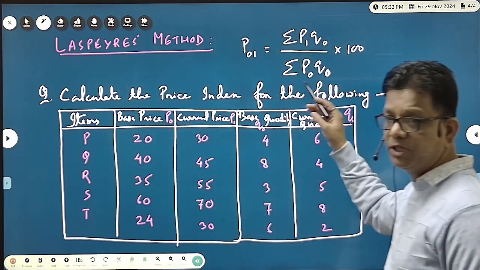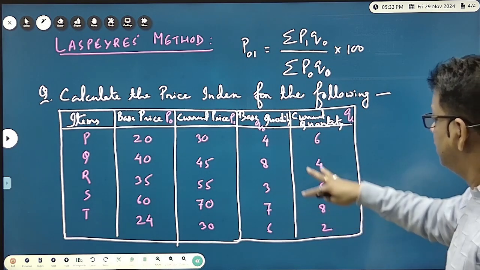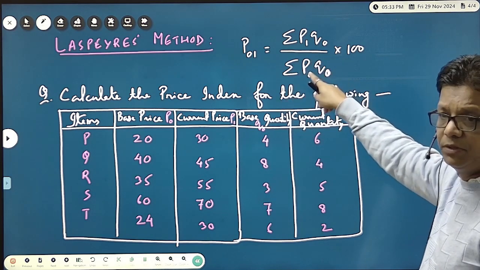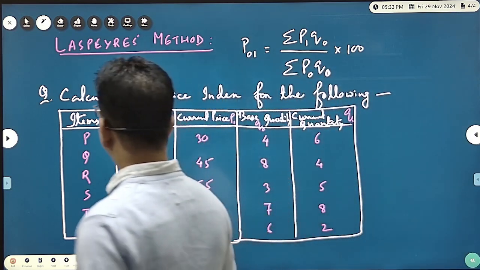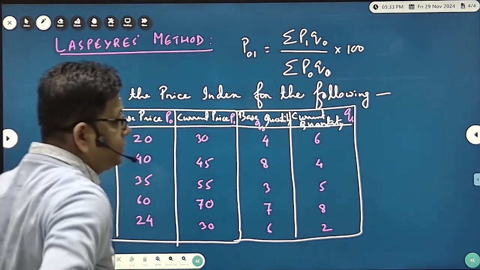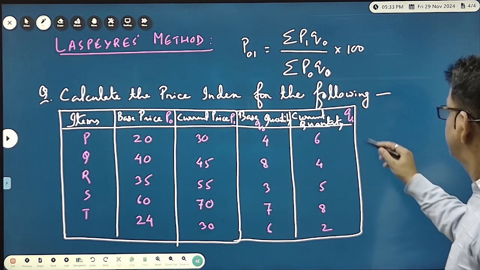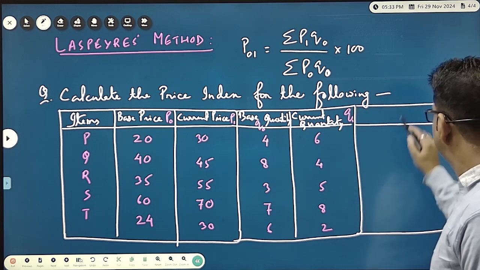Now what we have to do by the Laspeyres method, just see. I don't have to explain more after explaining the table. My aim is to make you understand this type of question: you go by this method. Otherwise the formula is very simple. As I always say, that is the beauty of statistics: by seeing the formula itself, we understand what column to add. Now what you have to do: P1 Q naught, you just have to multiply.